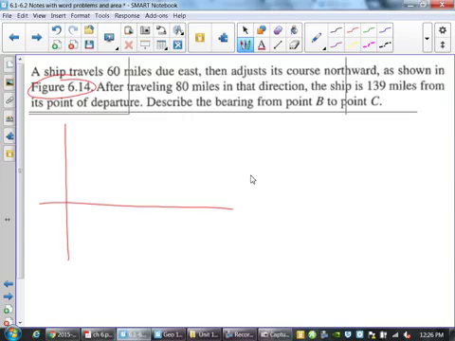It went due east for 60 miles. Then adjusted its course northward. So it's going to go north from there. What direction on the whiteboard would it be pointing then? It would go up, but it just said northward. It doesn't tell you exactly where it was. So that's why they draw this picture.